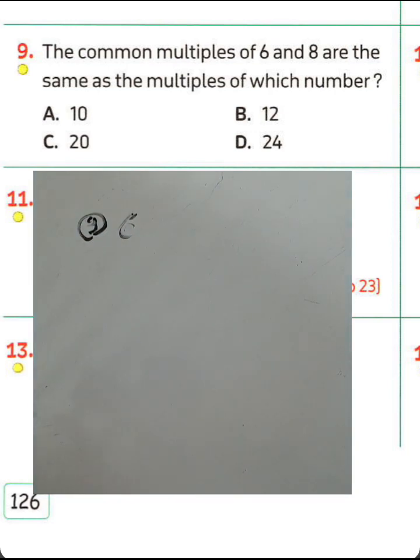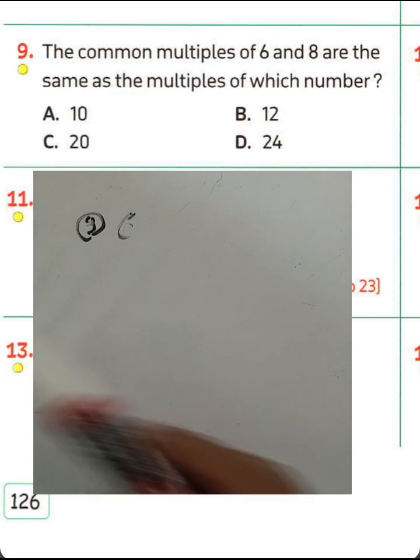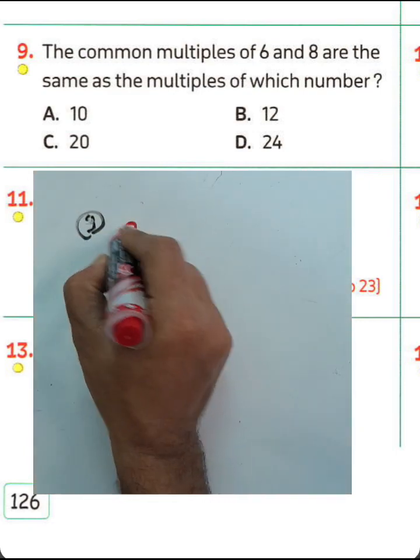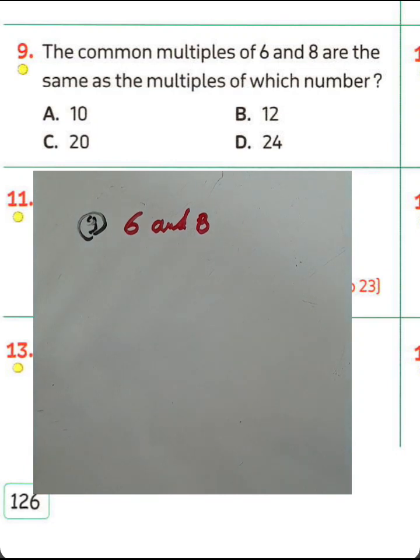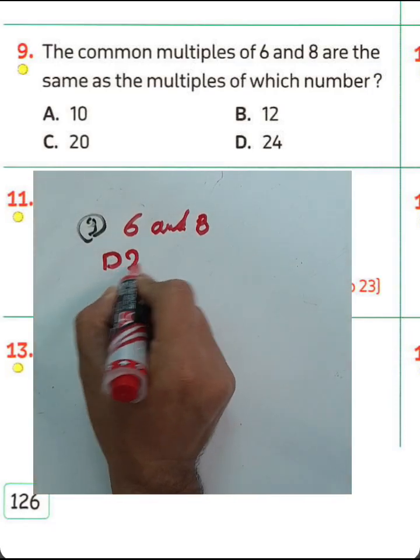Look here. 10 can't be divided by 6 and 8. 12 can't be divided by 8. 20 can't be divided by 6. 24 can be divided by 8 and 6. Then the result will be letter D, right? 24.